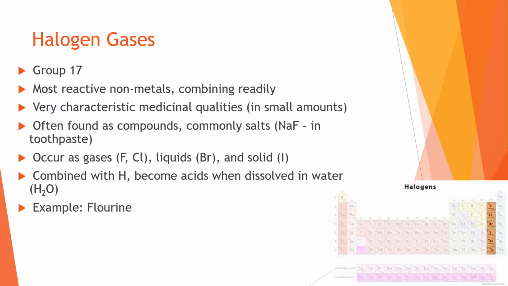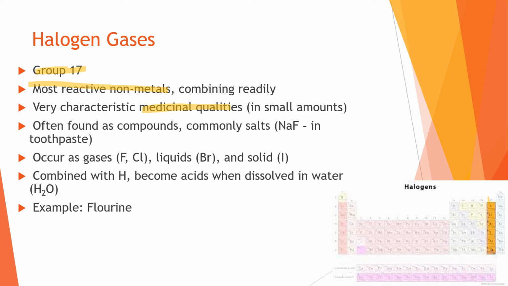Next, we have the halogen gases. So this is group 17. So these guys over here. They are the most reactive non-metals. So remember, now we're over to the right of the staircase. So we're dealing with non-metals now and the halogens. Very characteristic medicinal qualities.